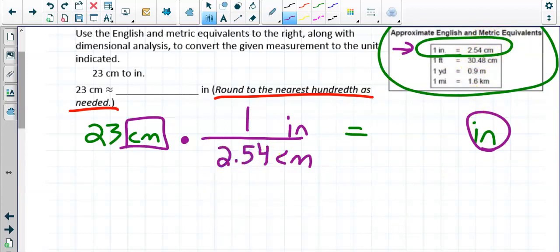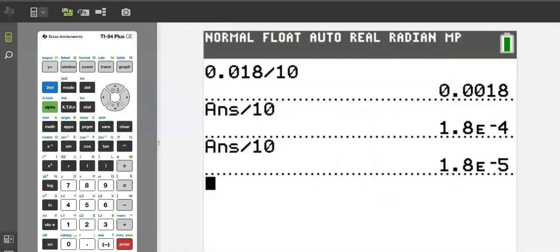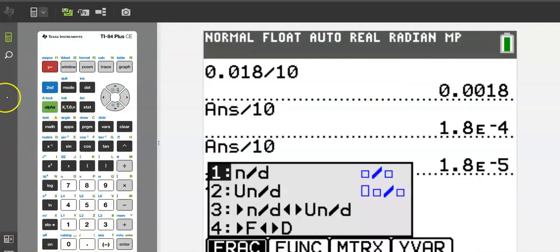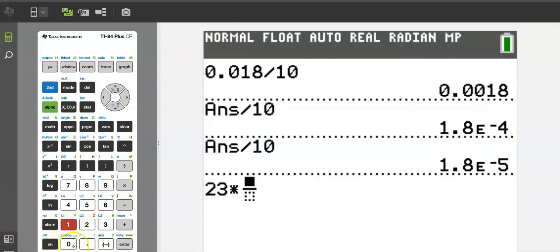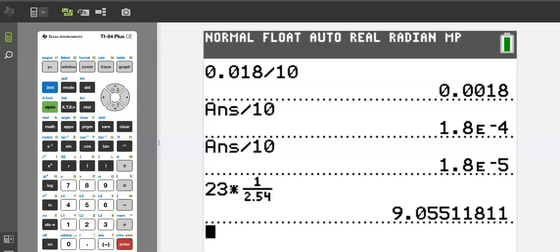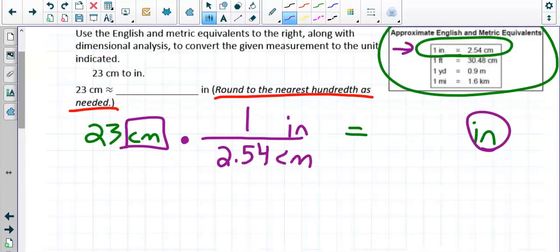And so all I'm going to do is go to my calculator, and I'm going to take 23 times 1 over the 2.54. Let my calculator do the work with fractions. So 23 times my fraction, which is alpha y equals, we want the first one, so that's 1 over 2.54. Hit enter, and there it is. Again, the cool thing is it wants us to round to 2 decimal places. Just double checking again, make sure. Yes, hundredth.